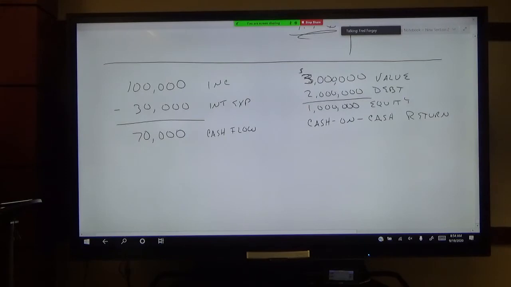All right? So in this case, the cash on cash return would be taking that 70,000 and dividing it by the 1 million, since that's the equity portion of our investment. And we end up with 7% overall as a rate of return.